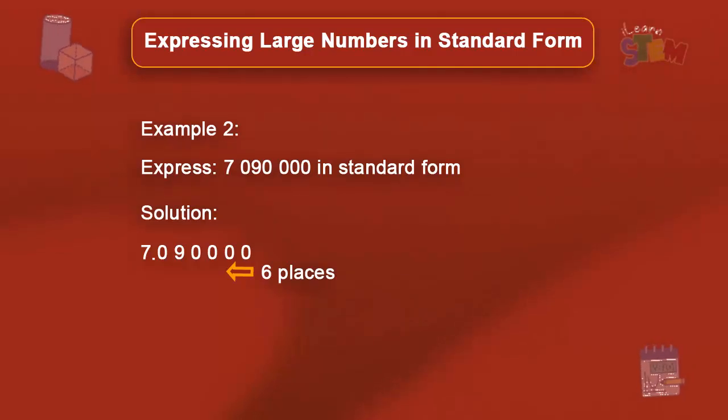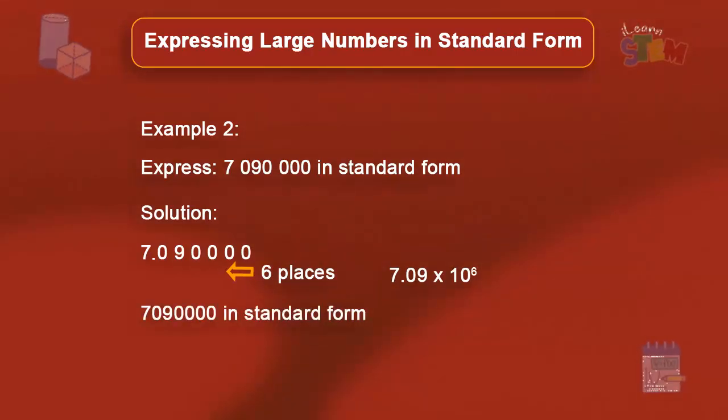So, we write 7.09 times 10 raised to power 6. Therefore, expressing 7090000 in standard form equals 7.09 times 10 raised to power 6. That's brilliant. Let us now see how to write small numbers in standard form.